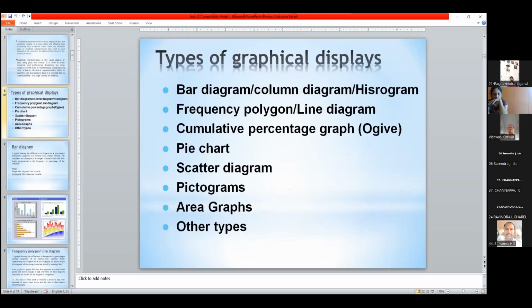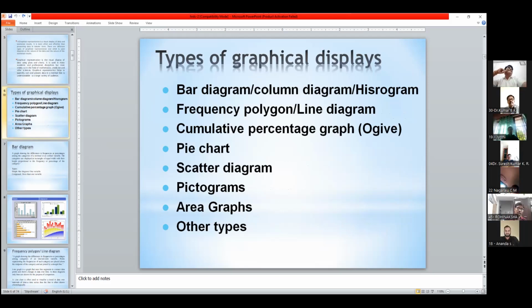There are different types of graphical displays. It can be a bar diagram, a column diagram, or a histogram. There is a spelling mistake here, just correct it as histogram. We'll see each of them individually. Then there are the frequency polygon or line diagram, and the cumulative frequency graph or ogive.